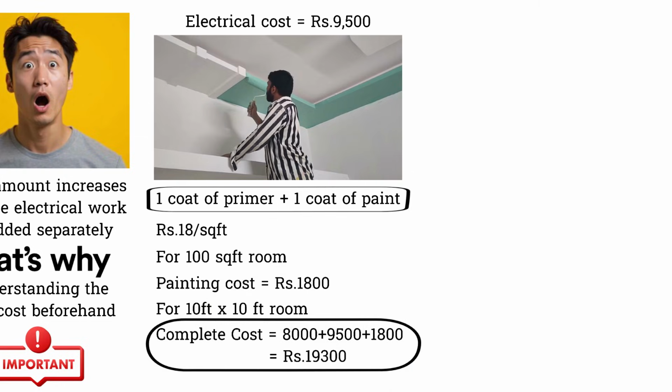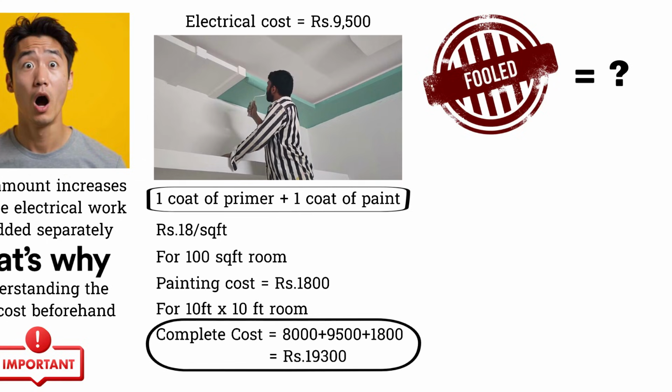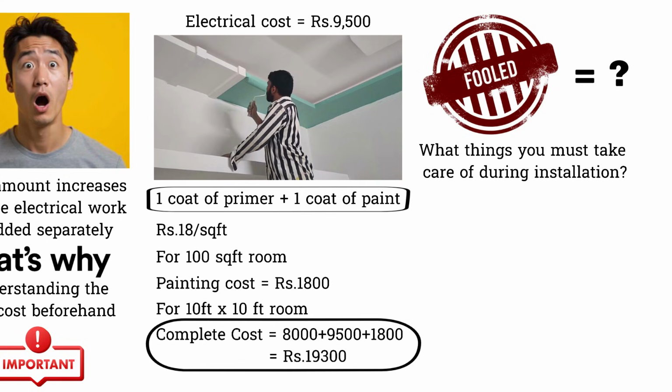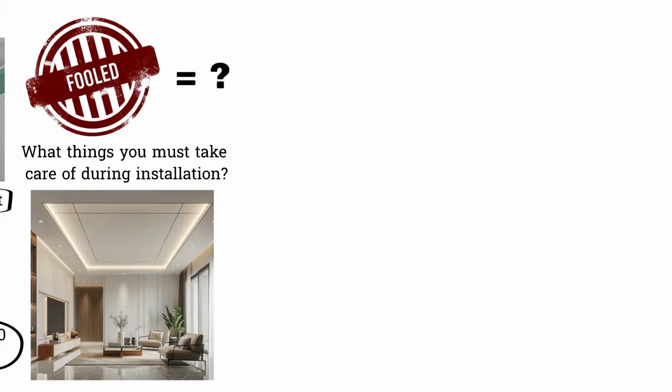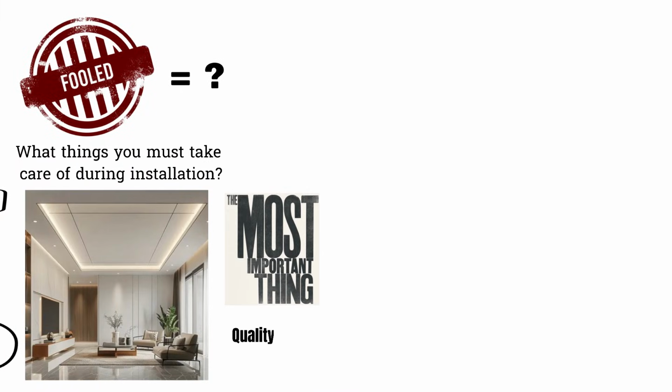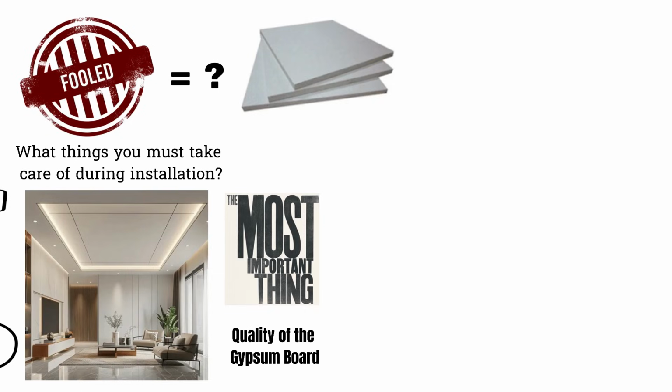Now let us understand where people usually get fooled and what things you must take care of during installation. In a gypsum board false ceiling, the most important thing is the quality of the gypsum board. These boards come in different sizes like 6 feet by 4 feet, 8 feet by 4 feet, and 10 feet by 4 feet, and the thickness is usually 12.5 mm.